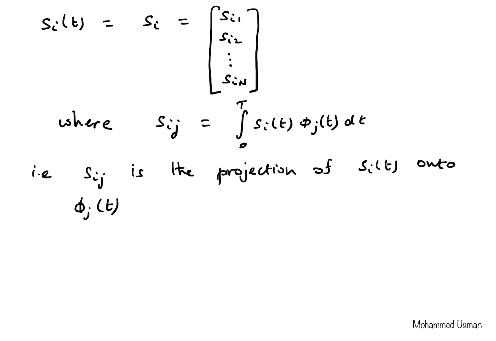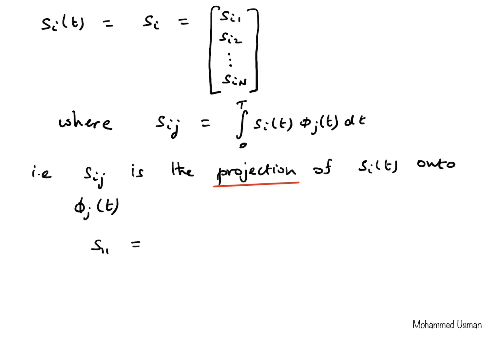Okay, now what do we mean exactly by projection? We will see in just a little bit, where I'll be drawing a diagram to depict exactly what we mean by projection. This is important. Just to give you a quick example, for signal number 1, S1 of t, the elements of the vector would be S11, S12 and so on.